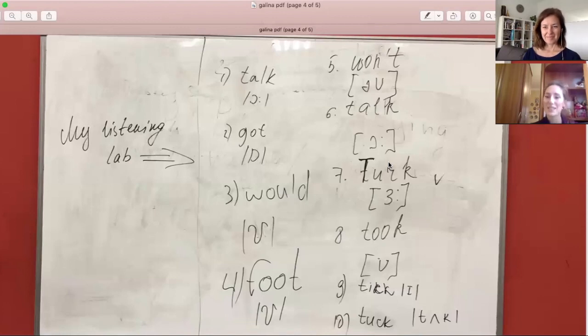So maybe we need to encourage them and say, look at the context, look at what the speaker is saying, or look at the body language, or look at the topic of the listening. We need to show them what they need to look at and what knowledge they can use to guess the word that they don't hear or don't understand.